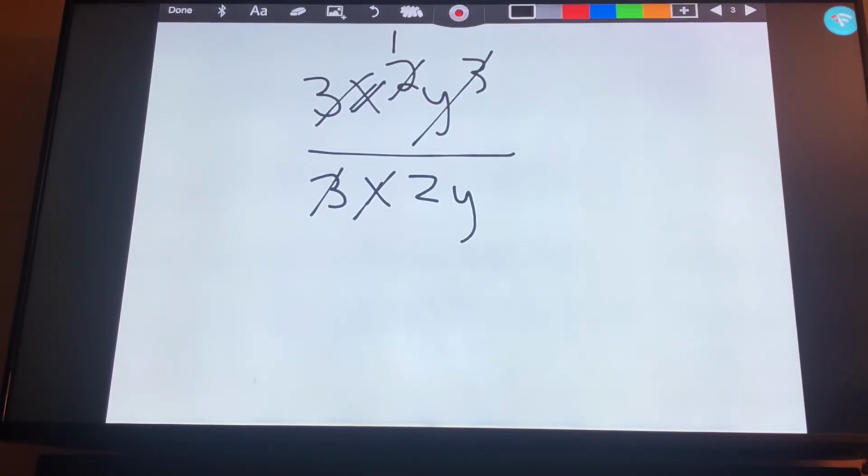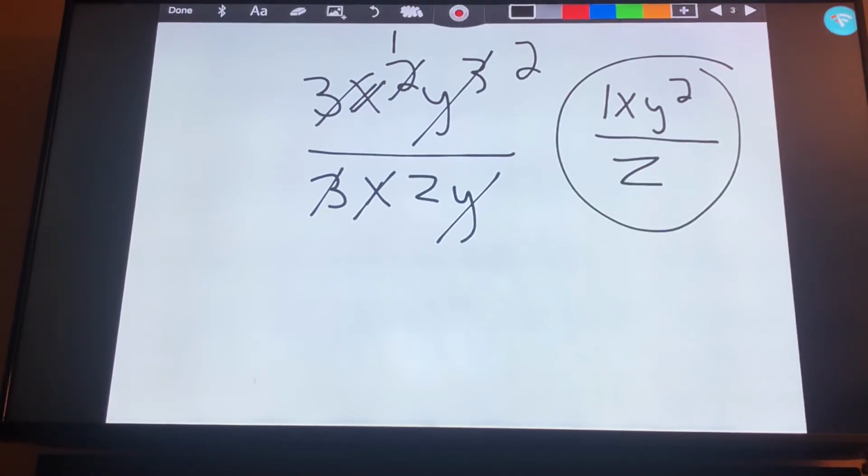This becomes y to the second, and the z becomes 0. If I've subtracted every portion of this, now what do I do? I can rewrite it as the 1x we had left. How many y's do we have left? We had 2 y's. And there were no z's to subtract. So this is the first portion. Okay? So write that down.